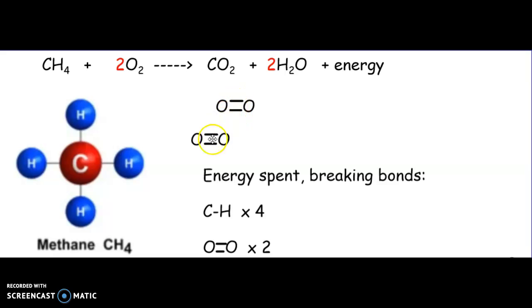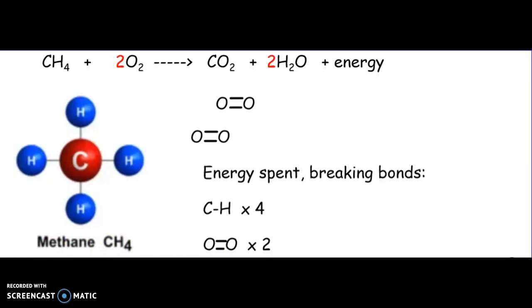And then there's 2 double bonds of oxygen, and we need to look up on the table what those values are. But before we look at the actual numbers, I hope you're feeling good about the fact that there are 4 of these, 2 of those, and we can look up those values on our table.